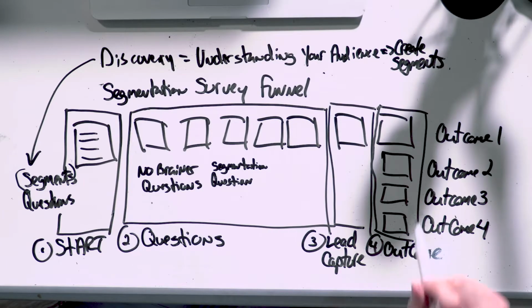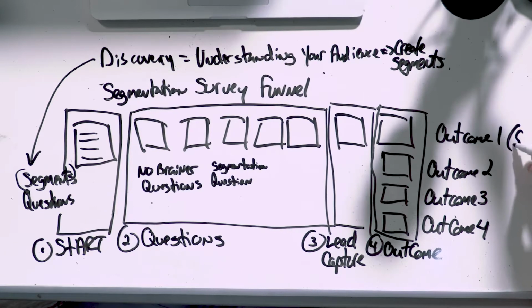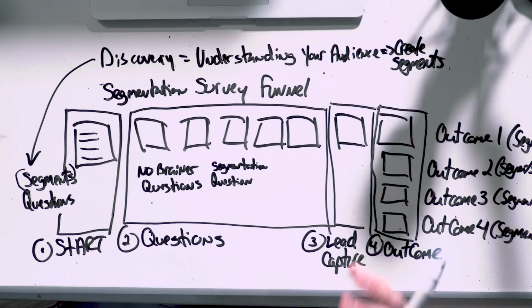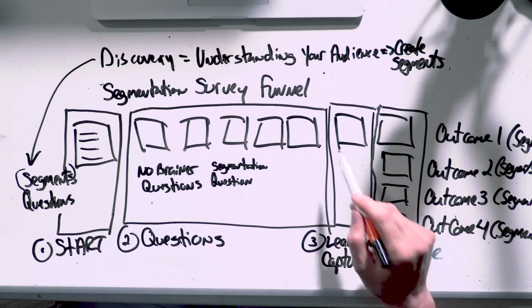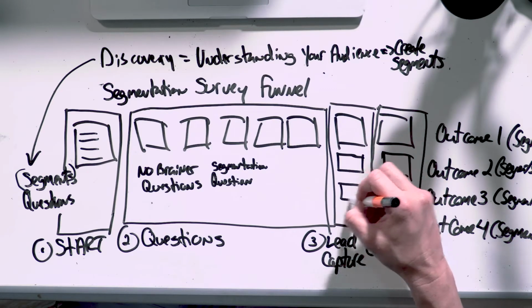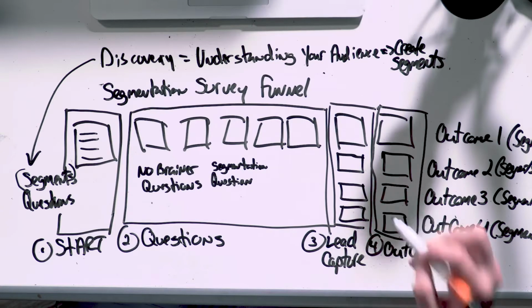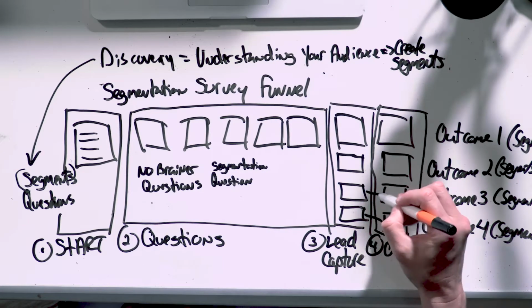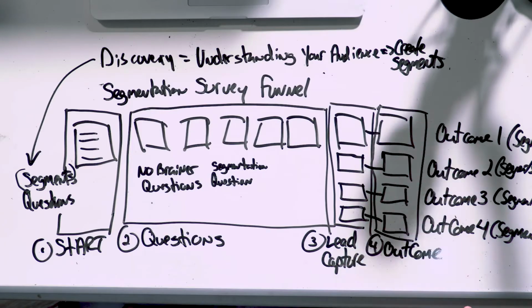So this is your segments. These are tied to your segments. You have 4 outcomes. So what that means is you're going to have 4 lead capture pages. So they're tied together. Okay?